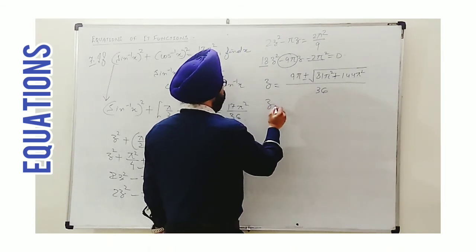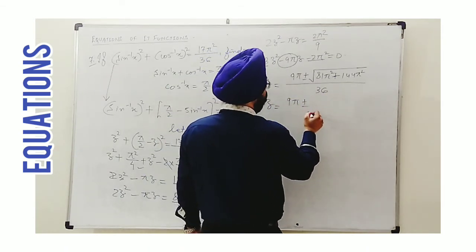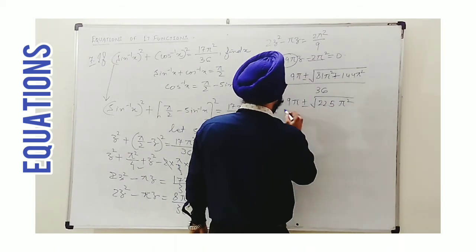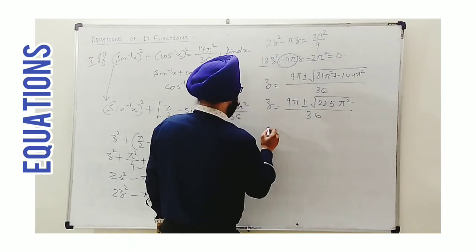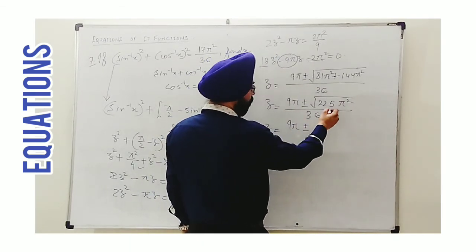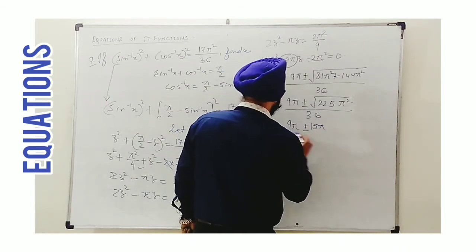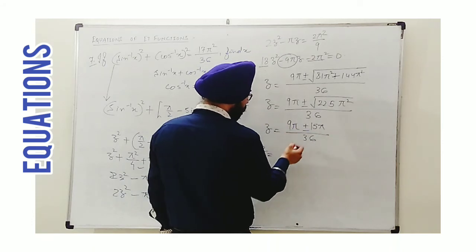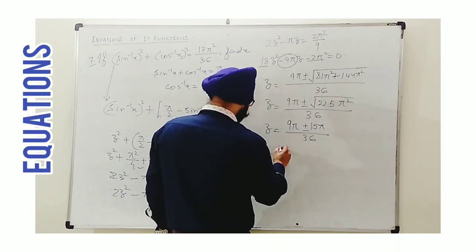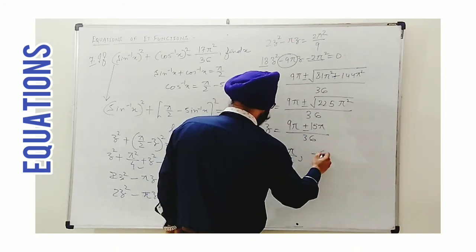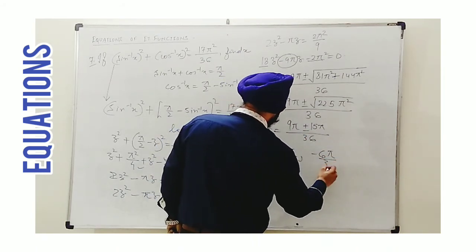Now this is 9 pi plus minus root 225 pi square upon 36, so z is equal to 9 pi plus minus obviously 15 pi upon 36. We have z equal to, one time plus, 24 pi by 36, and 9 minus 15 is minus 6 pi by 36.